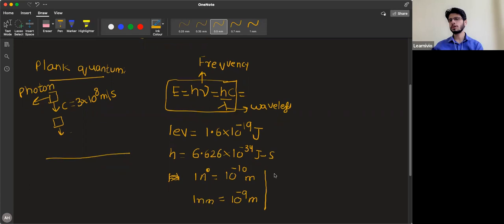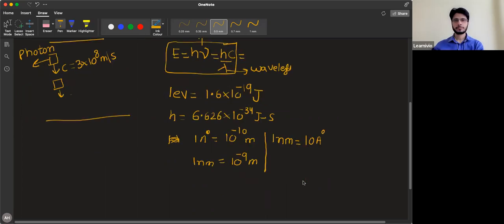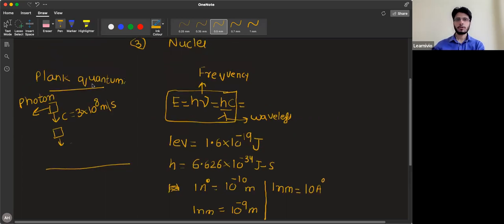If you want to convert nanometer into angstrom, 1 nanometer is 10 angstrom. So that was Planck's quantum theory.